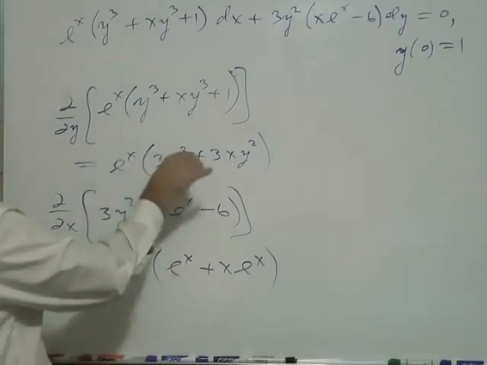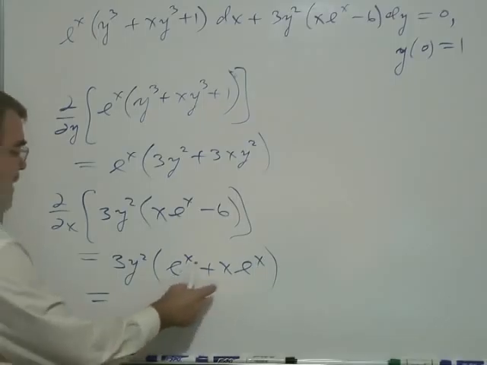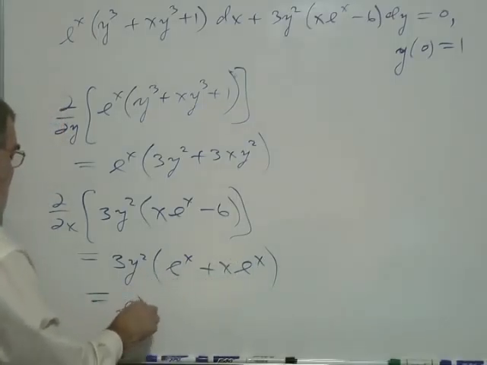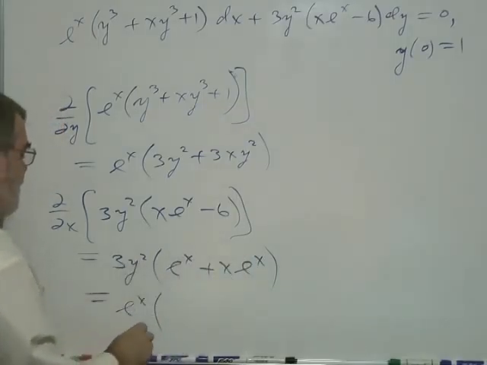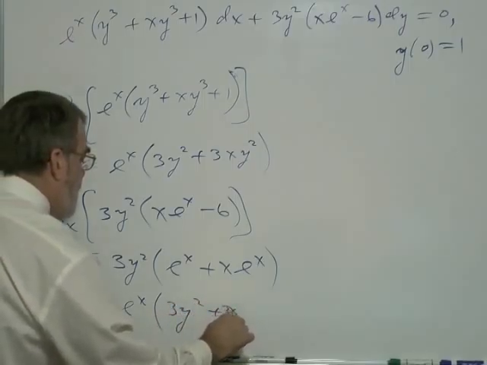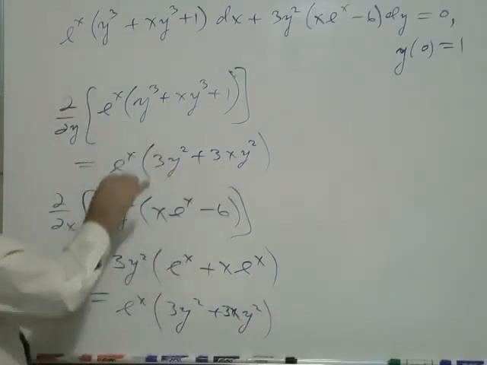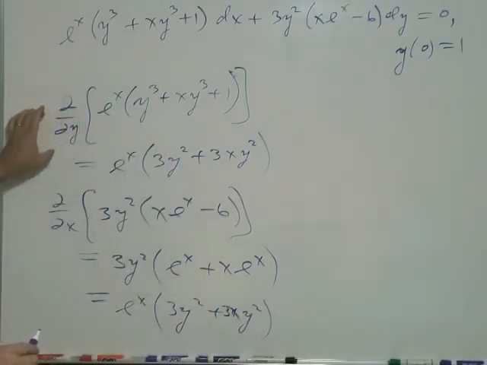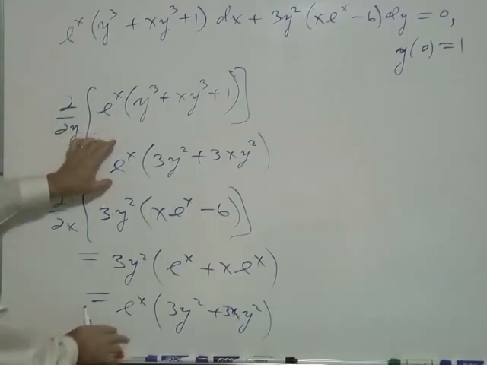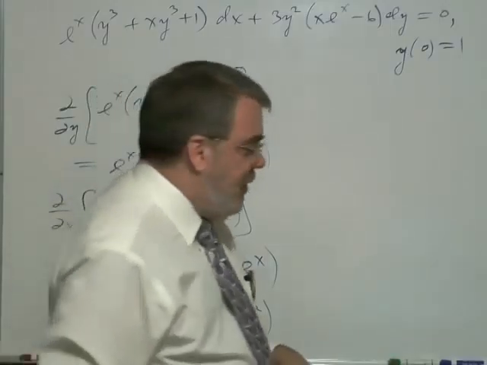Did that equal this one? Well, if I bring out the e to the x and multiply the 3y squared through there, I did get the partial with respect to y. So these end up being equal, which makes it an exact differential equation.